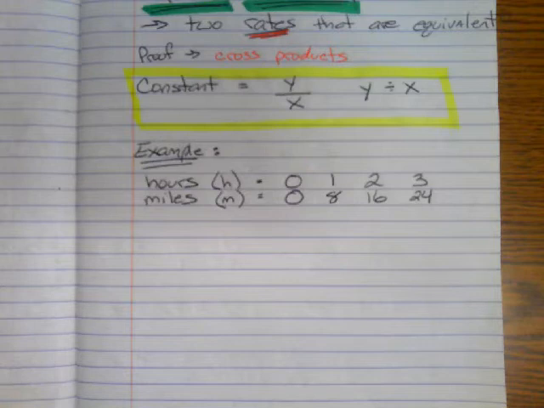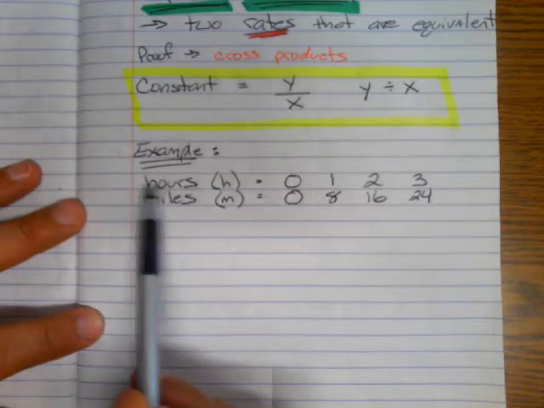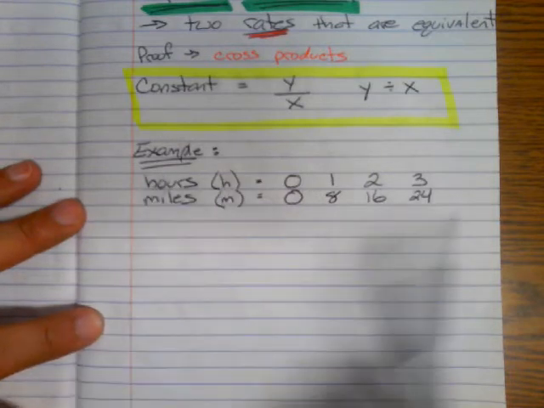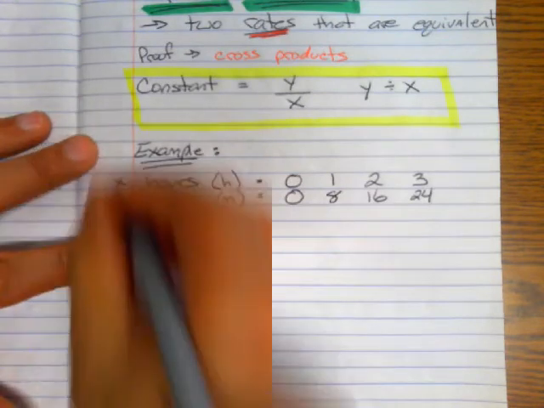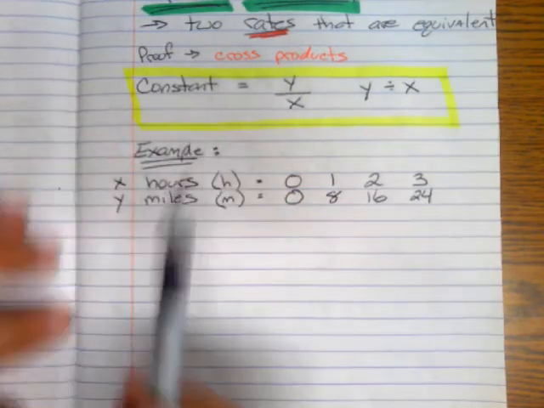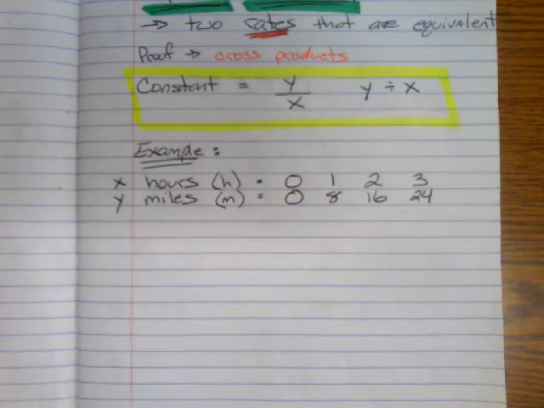Now, whenever we're setting this up, we always use the letters X and Y. X and Y stand for the axis on a coordinate plane. And whenever you see anything regarding time, in this case it's hours, that's always our X. And miles then would be our Y. Or this is our independent and this is our dependent variable.